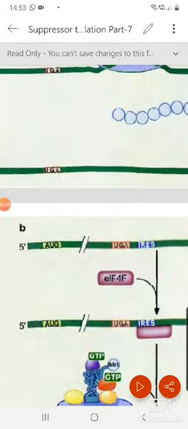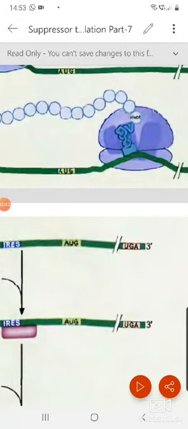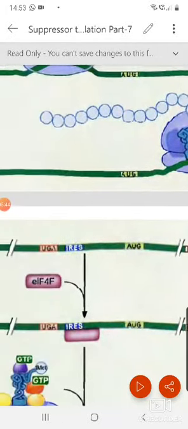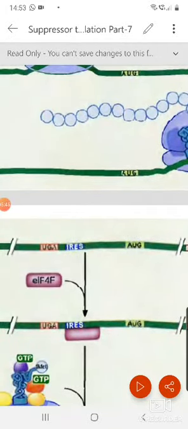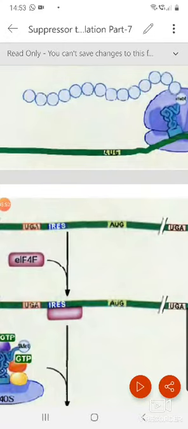What we are showing here is an AUG, and after that a stop codon, but this is the main open reading frame which we are talking about. Before that there is an internal ribosome entry sequence, IRES, where, if you remember, eukaryotic initiation factor 4F, which has 3 subunits, A, G, B, is present.